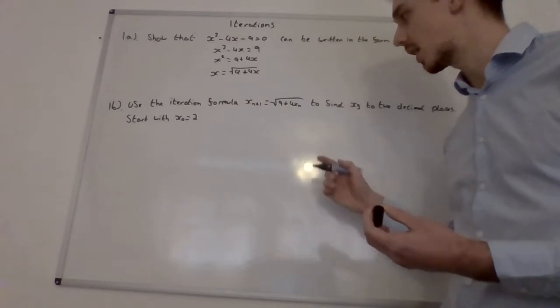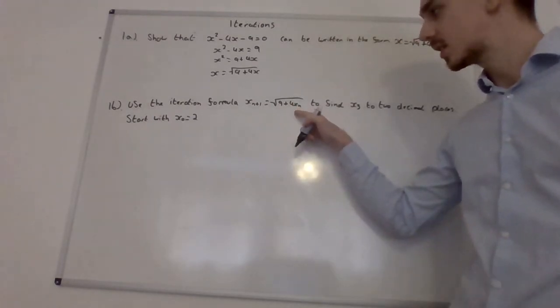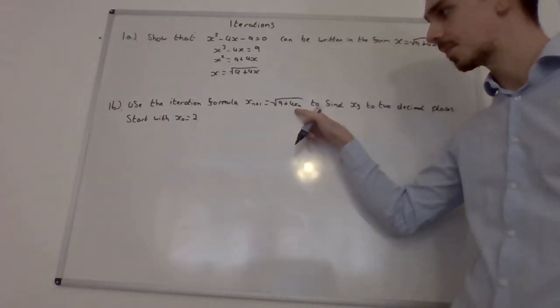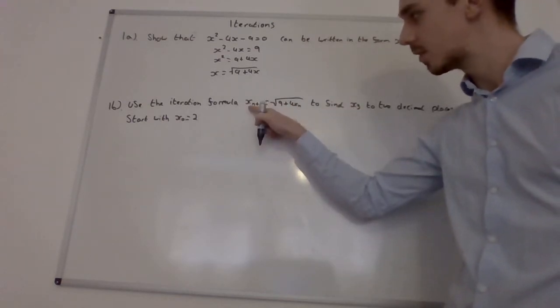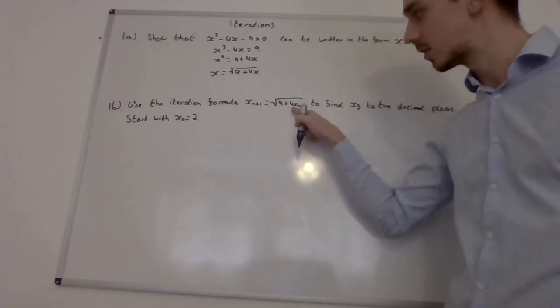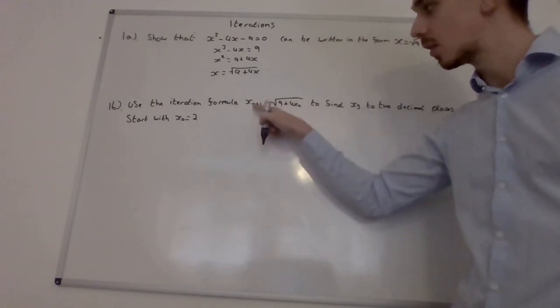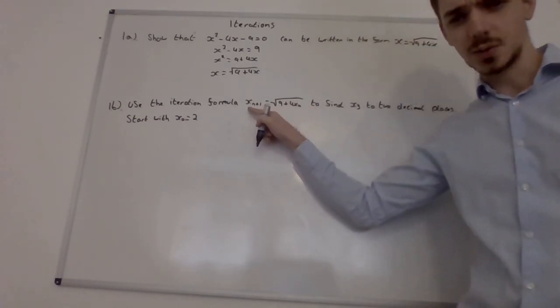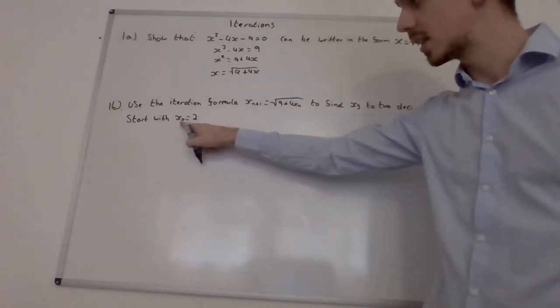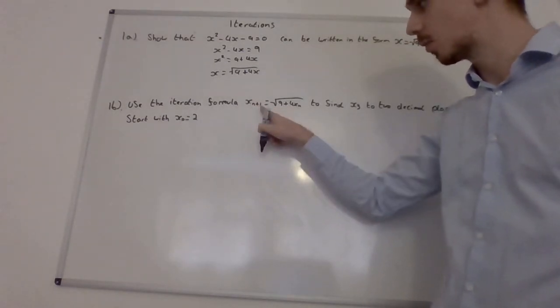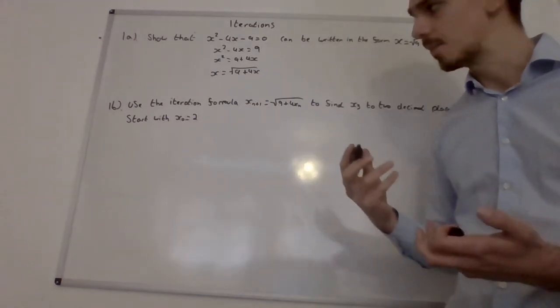So what we're going to do now is substitute x0 into this equation. If we sub in x0 into this formula, this is going to give us the answer to x1, because it's n plus 1. In this situation, n is going to be 0, so 0 add 1 gives us x1.